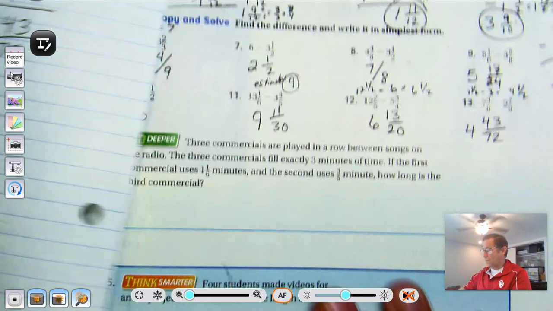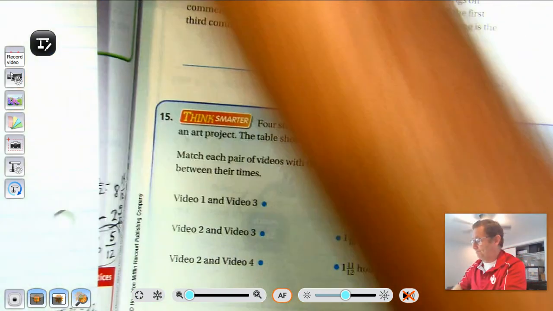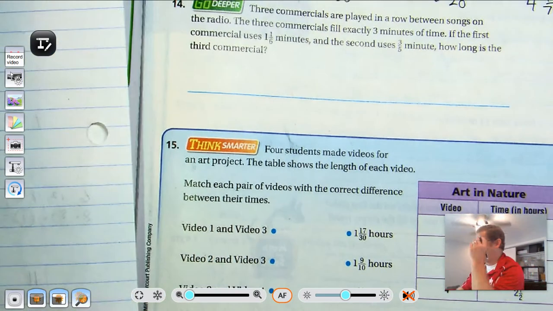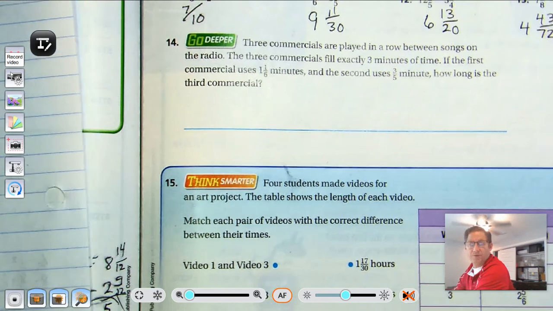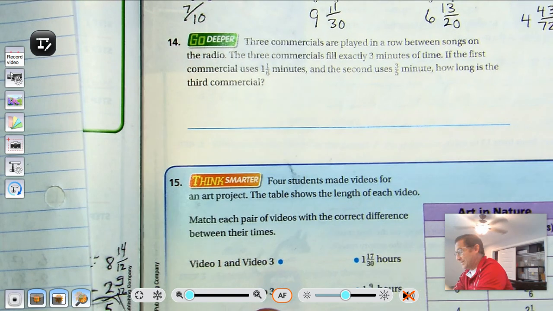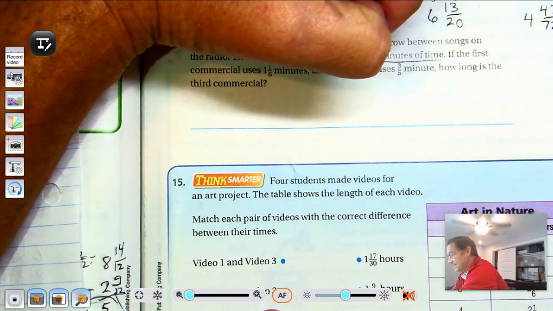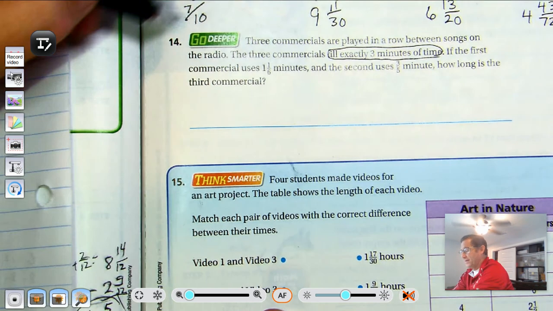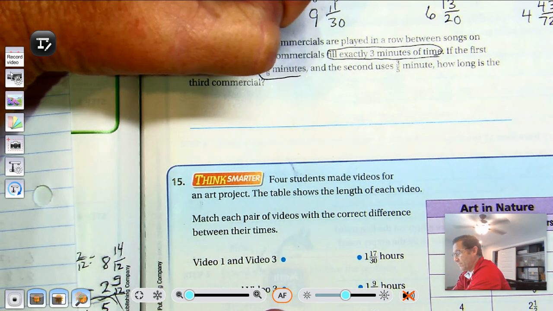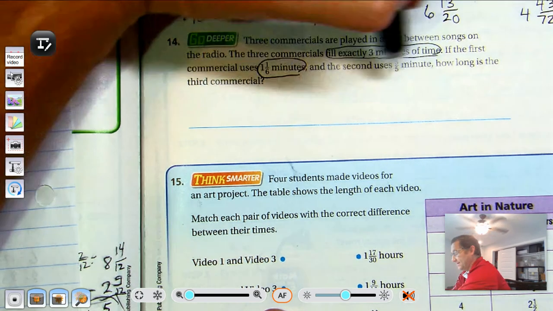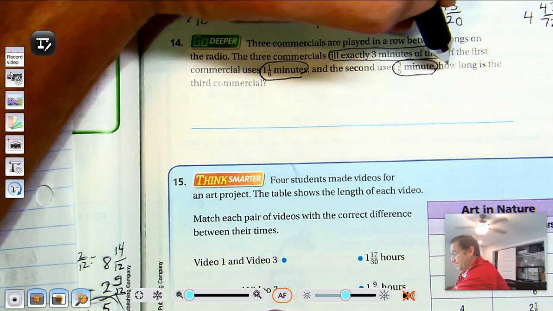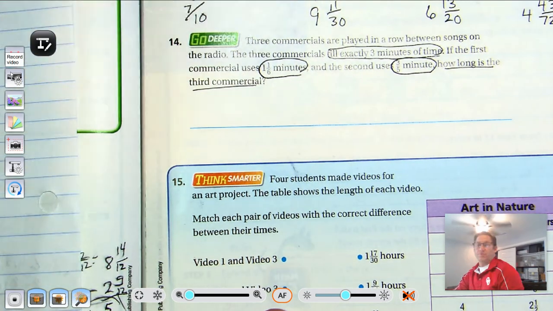All right, 14. 3 commercials are played in a row between songs on the radio. 3 commercials fill exactly 3 minutes of time. If the first commercial uses 1 1/6 minutes and the second uses 3/5 minute, how long is the third commercial?